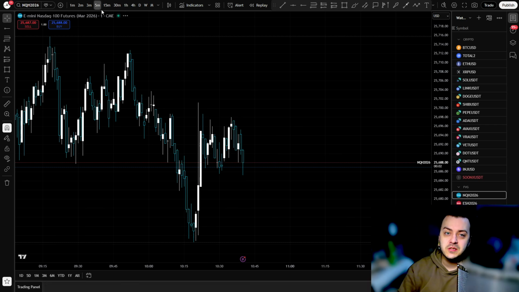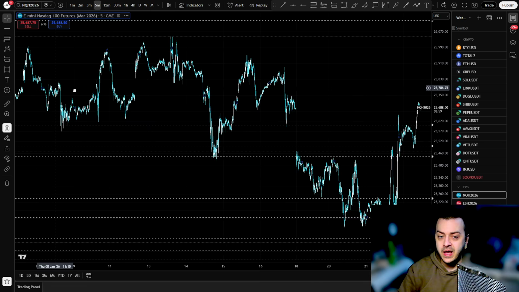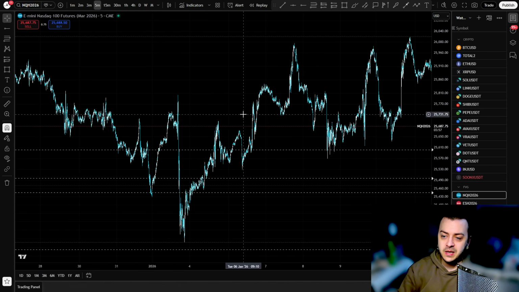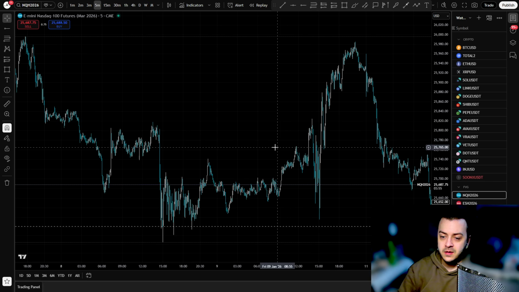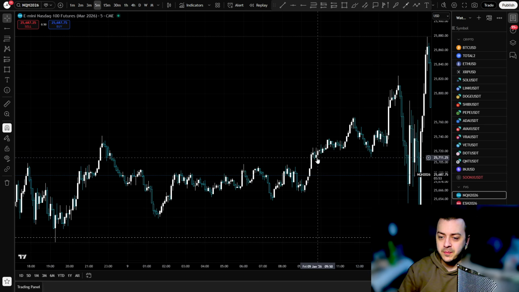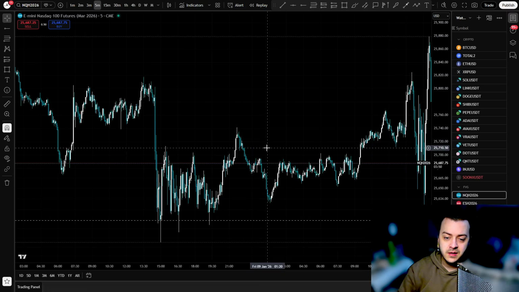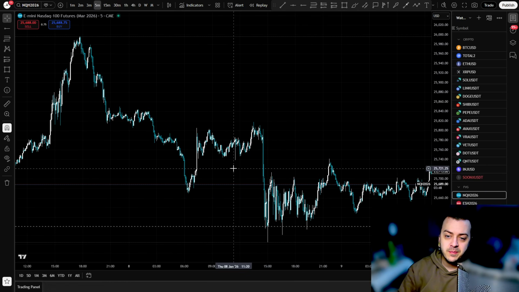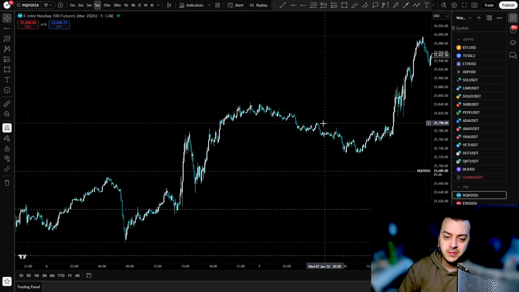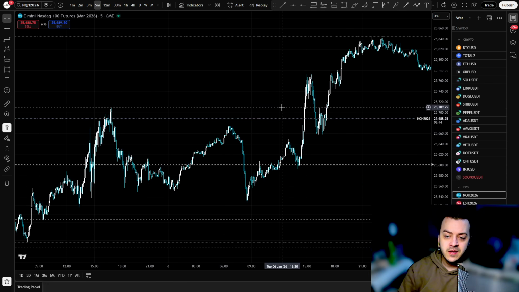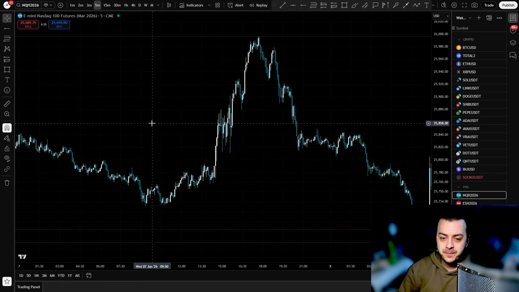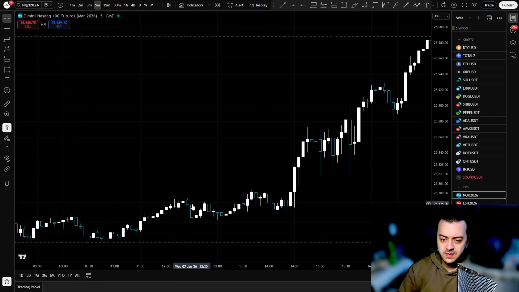And I do sometimes take trades where, there was a really good example of this, if I can just remember where it is. There are examples where I will take these three candle pattern V shape trades when we don't get a major sweep. Is this it here?